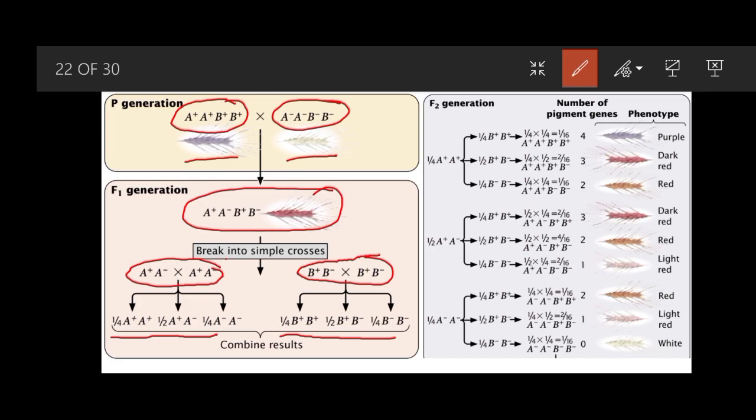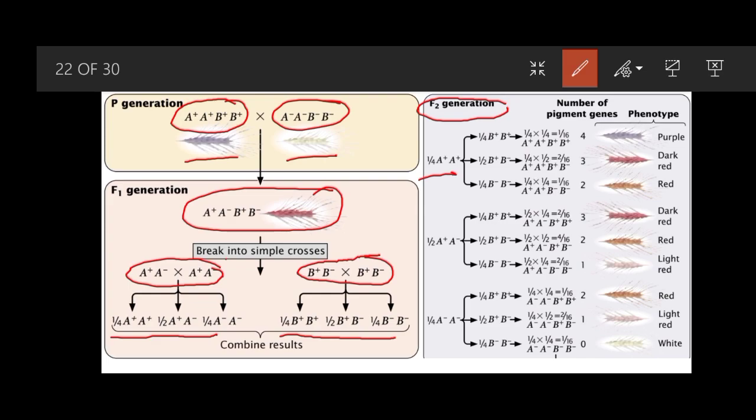So when we look at the F2 generation results, we will see that when we combine all these results, this A plus has a 1 by 4 ratio.